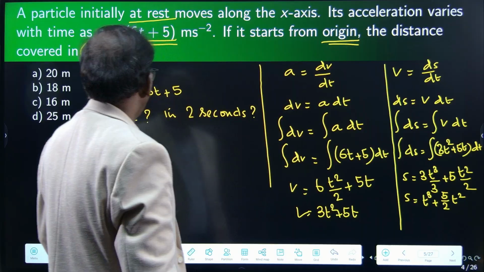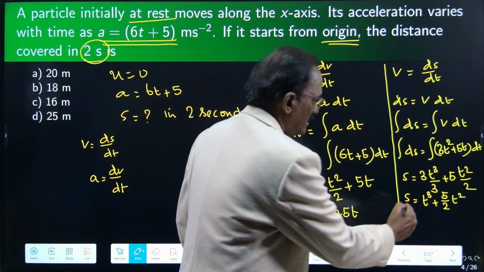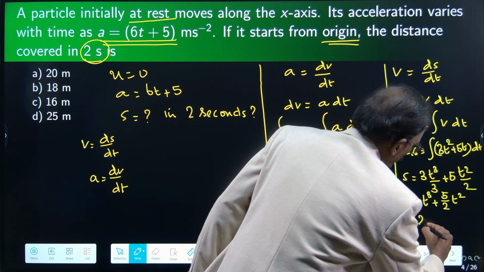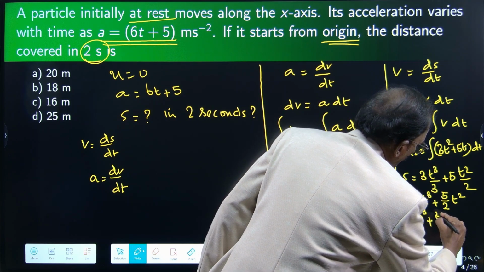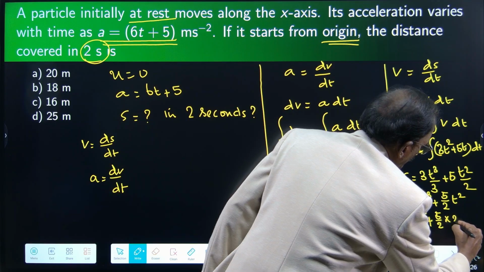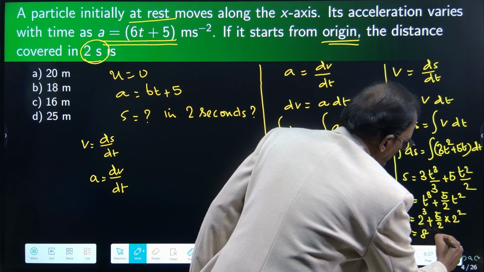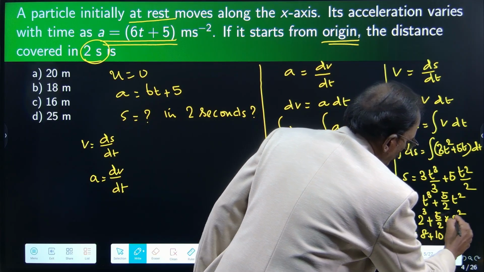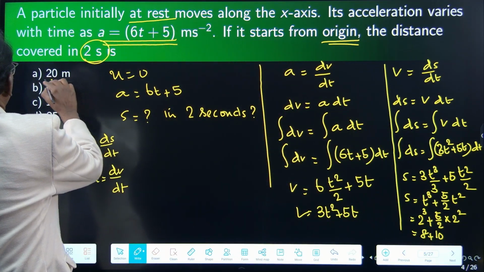The question is to find s in 2 seconds, right? Let us put t is equal to 2: 2 cube plus 5 by 2 into 2 square. So this is 8, this is 5 into 2, the 2s will be cancelled. This is 8 plus 10. 18 is the answer. Option B.